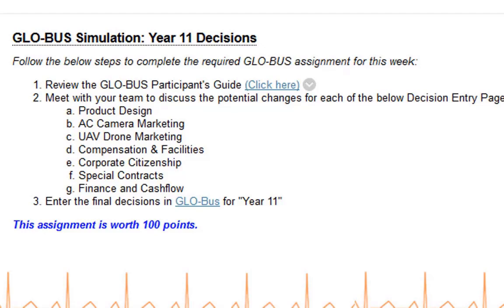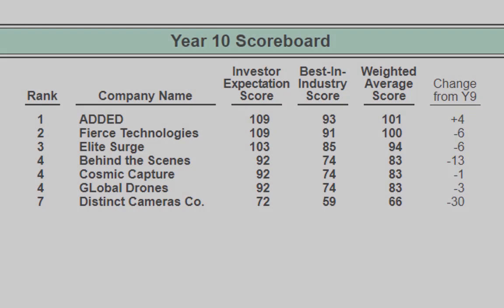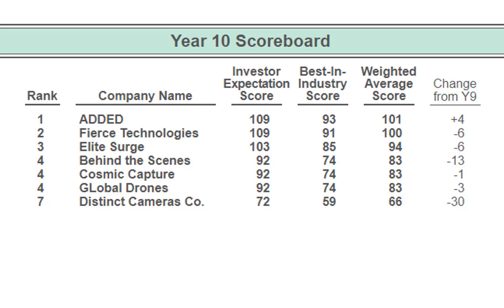Actually, let's go ahead and jump right into the results for Year 10. Here is the Year 10 scoreboard. As you can see, Team A earned a +4 change from Year 9 to Year 10. That put them ahead of Company F, which dropped 6 points. Company E dropped 6. Company B, a 13 point drop. And then you've got Company D all the way at the bottom, a -30 decrease from Year 9. Now, notice I skipped a few.